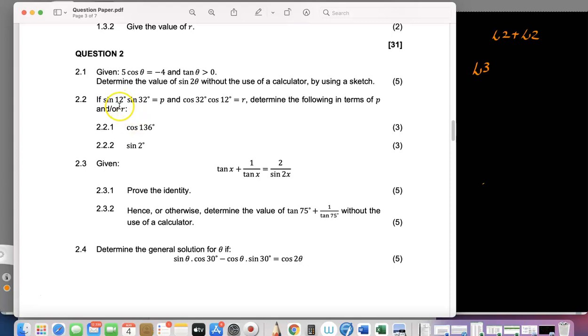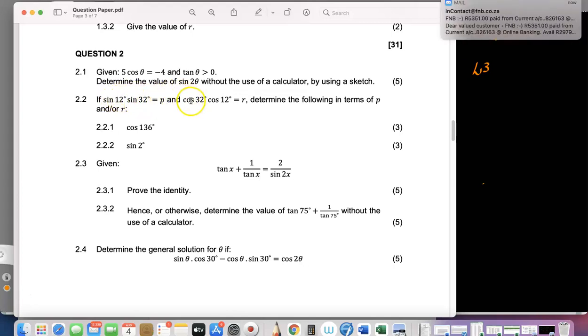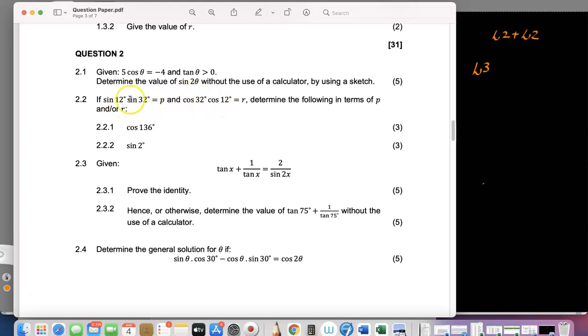Okay, now here they say, if sine 12 is equal to p and cos 32 is equal to r, determine the following in terms of p and r. Now, what is super helpful is if you know your compound angle formulas off by heart, because then this would have instigated something. There's a sine, cos, same angles, 12, 32.